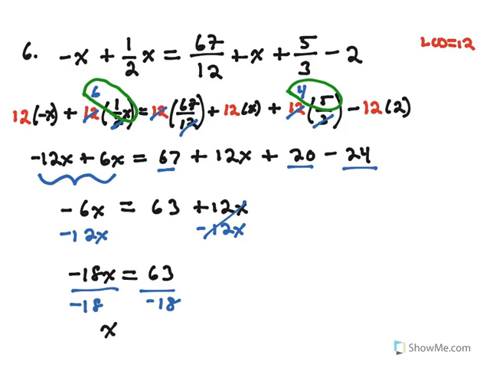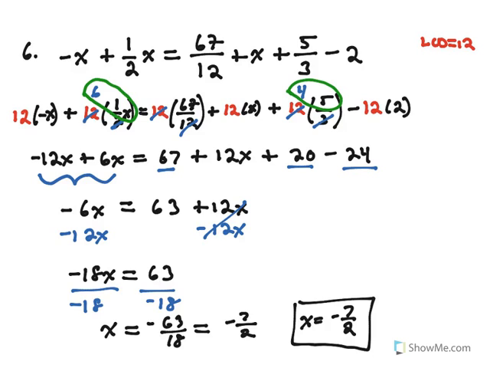And then you have x equals negative 63 over 18, which we can reduce. If we divide these by 9, then you will have negative 7 over 2. So x equals negative 7 over 2 would be your final answer for that one.